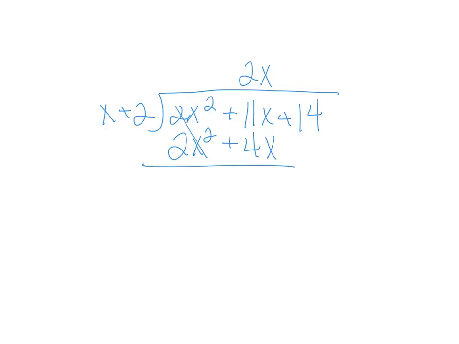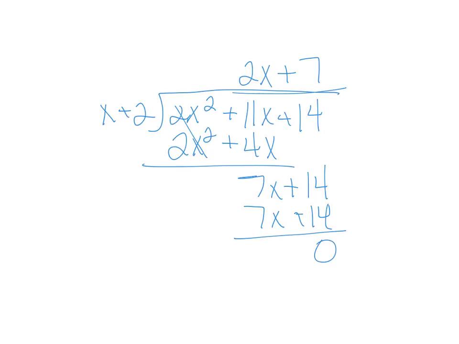Subtract 11 minus 4, 7x. Carry the next term down. And we get 7 times x is 7x. 7 times 2 is 14. And we have a remainder of 0. So this is our answer.